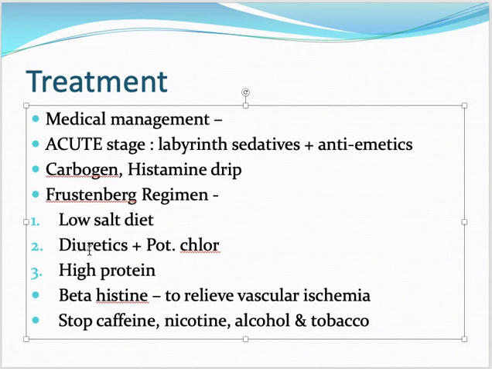We can ask them to limit their water intake as well. We ask them not to take too much caffeine, nicotine, alcohol, and tobacco. By the way, smoking cessation is very important in this one, because nicotine causes vasospasm. This is a very important step you can take, because smoking cessation gives a lot of improvement in these patients.